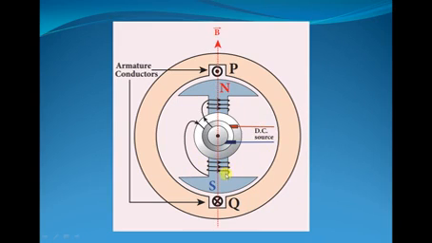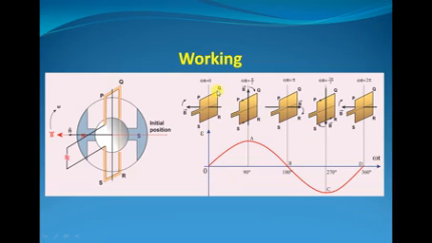Next we are going to see the working. The loop PQRS is stationary, and at the same time it is perpendicular to the plane of the paper.